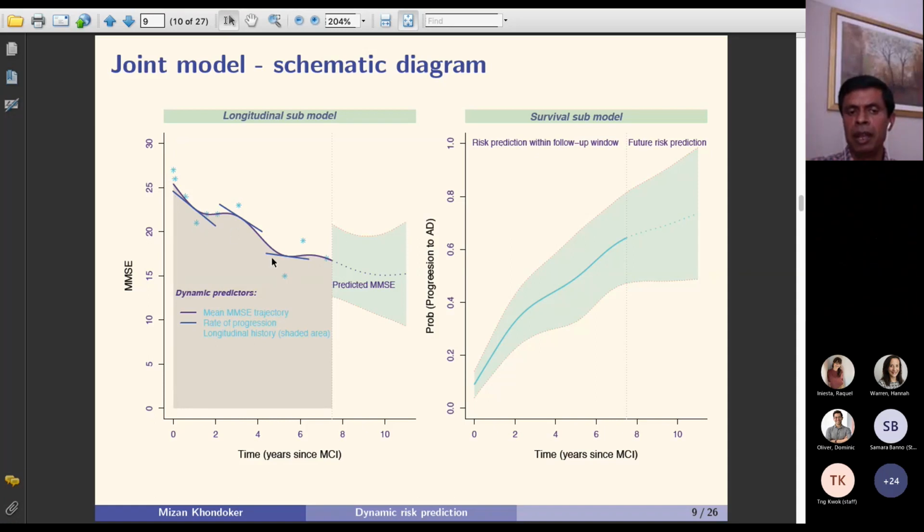One can use the area under the curve as an additional predictor as well. So it gives an opportunity to use other measures of the longitudinal process as additional predictors, which improves the prediction quality of the time-to-event process.